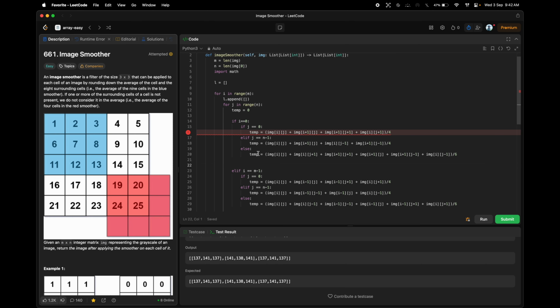What was this? I equal to 0, j equal to 0, which is a corner. I plus 1 j, I plus 1 j remains the same. I plus 1 j plus 1 also. I and j plus 1. What's the problem in this? I equal to 0, j equal to 0.